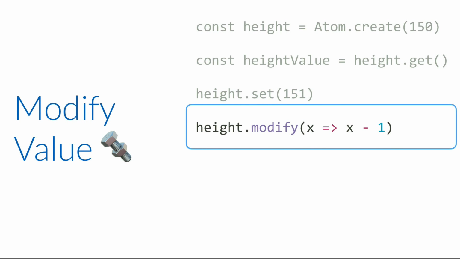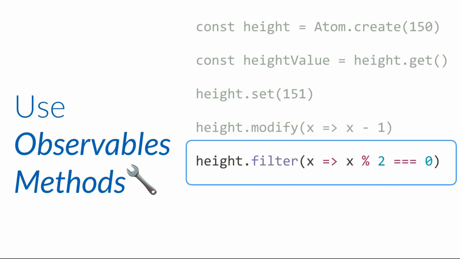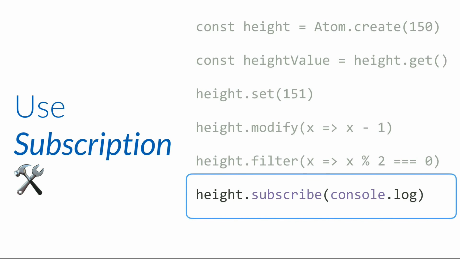And we can modify our atom, get the previous value and return the new one, like a reducer in Redux. And also we can use observable methods with our atom. So it supports switchMap, flatMap, filterMap, and other Rx.js methods. And also we can subscribe to our atom and manage some side effects.